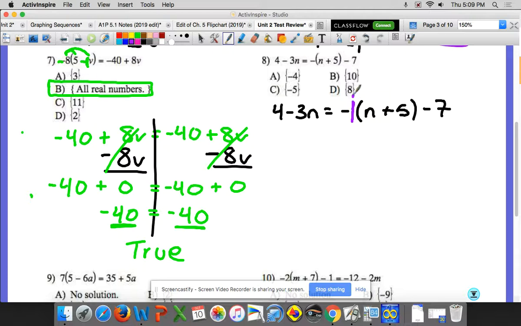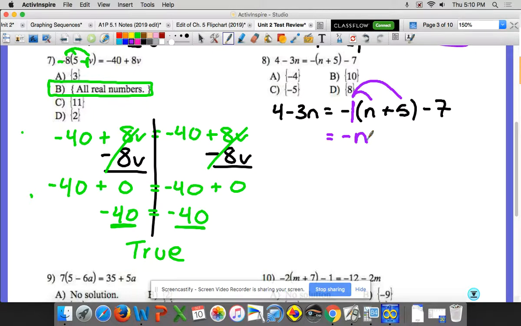So you are going to distribute that -1 to the n and to the 5. And so what's really going to happen when you do that, anytime we distribute a negative or a -1, all it's going to do is flip the sign of whatever you're distributing it to or whatever you're multiplying it by. So in this case, we have a positive n, so it's going to turn it into a negative n.